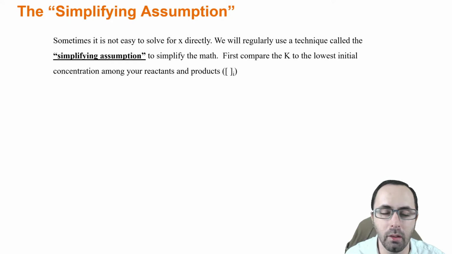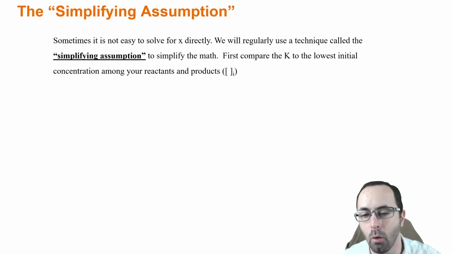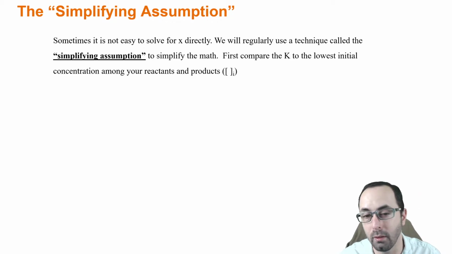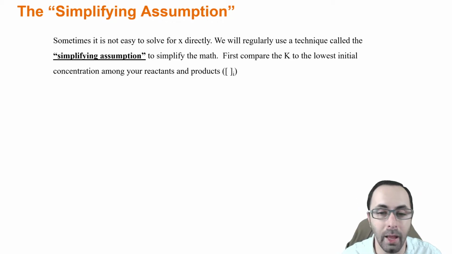And this is probably the first time you've encountered this, but if you are going to go into more advanced mathematics or physics classes or chemistry classes, this is going to be a strategy that you use quite regularly to wrangle in math that is unsolvable, essentially, without some assumptions.